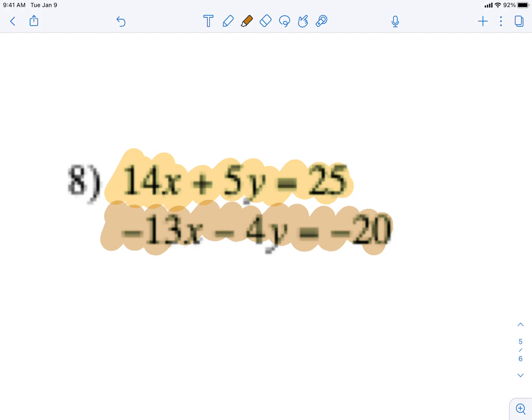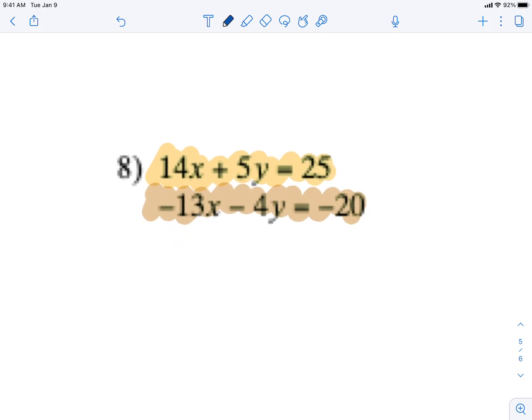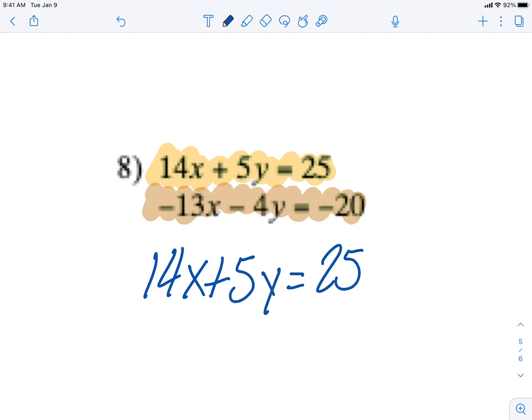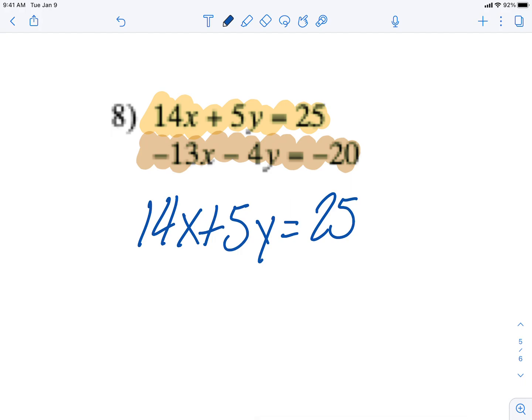Now, I want to get one of the variables by itself, but unfortunately, they all have a number. Both x's have a number, both y's have a number. So what I'm going to do is take my top equation, 14x plus 5y is equal to 25, and I'm going to get this y by itself right here.